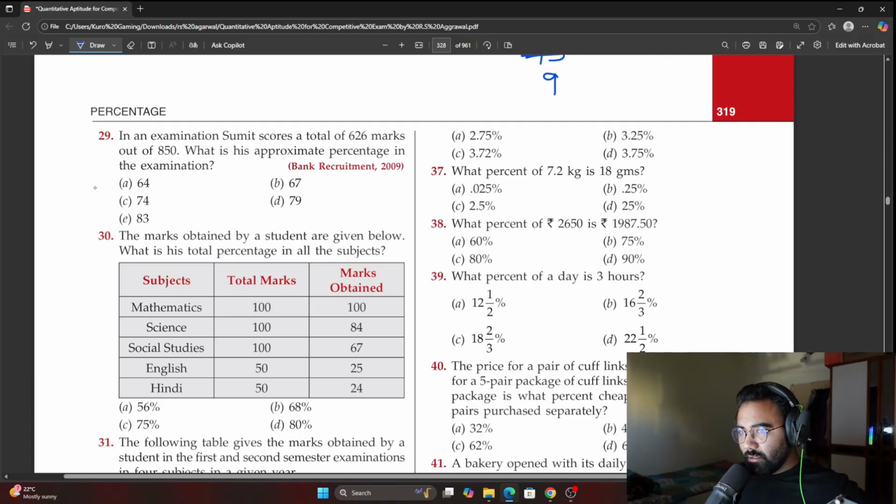All right, let's move on to the 29th. In an examination, Sumit scores a total of 626 marks out of 850. What is his approximate percentage in the examination? This should be a simple one. Again, part upon whole into 100. So part is 626 upon whole is 850 into 100. 0 is cut over here.